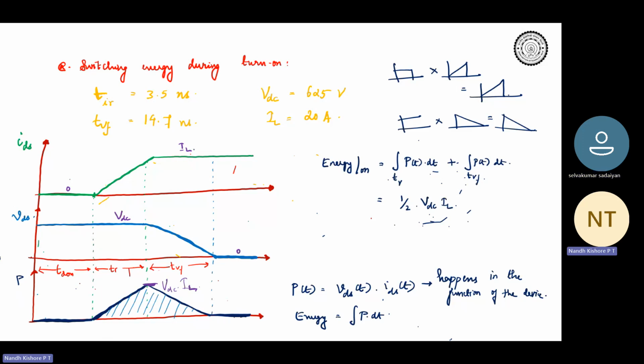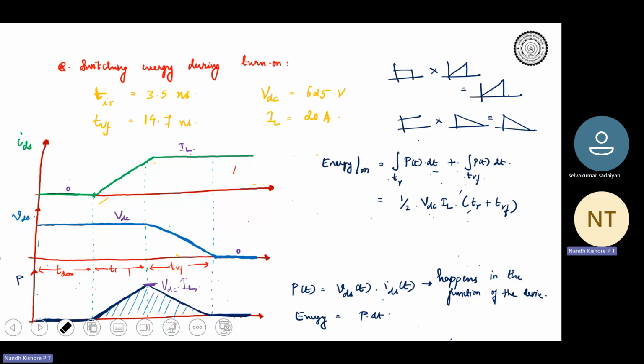So we have two triangles, one during TR and one during TVF, so I can write TR plus TVF. Just these two triangles. This is the energy that is lost in the device when the device is turning on.